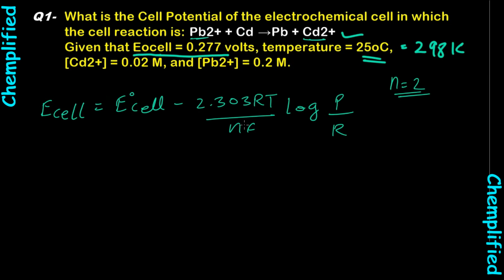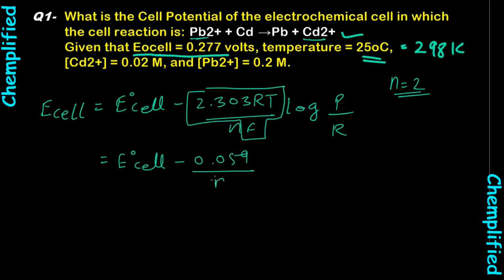Now we can change this equation from 2.303 RT to 0.059. Write it down as E naught cell minus 0.059 upon n log product upon reactant.